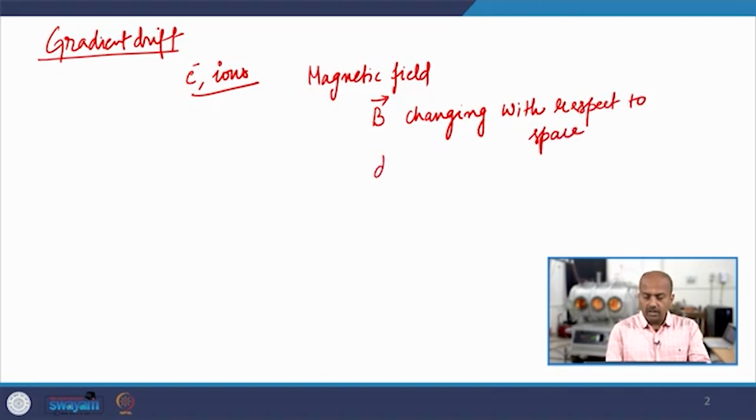So, we are still retaining the variation of the magnetic field with respect to time as it is.